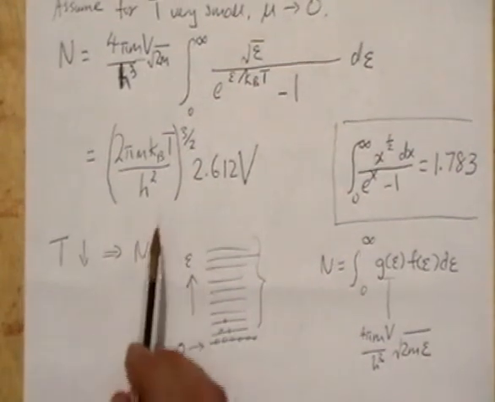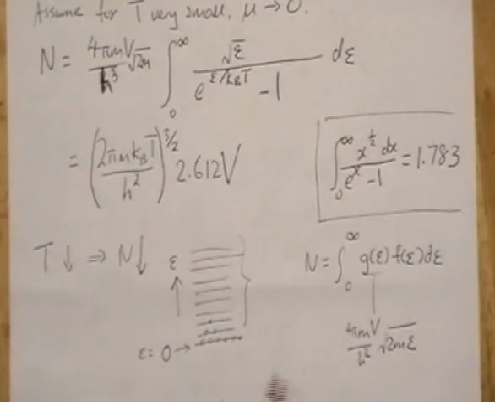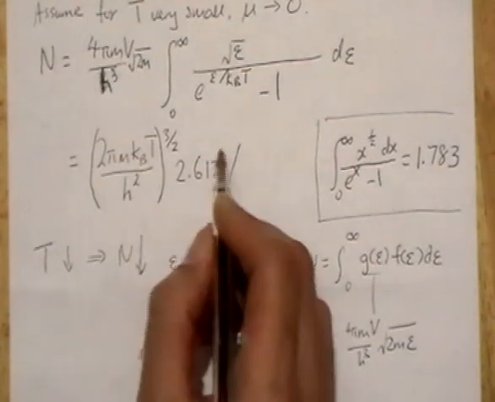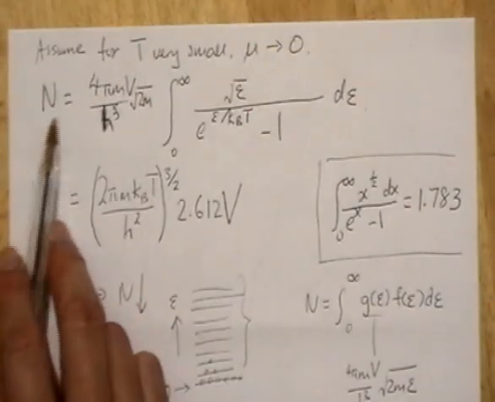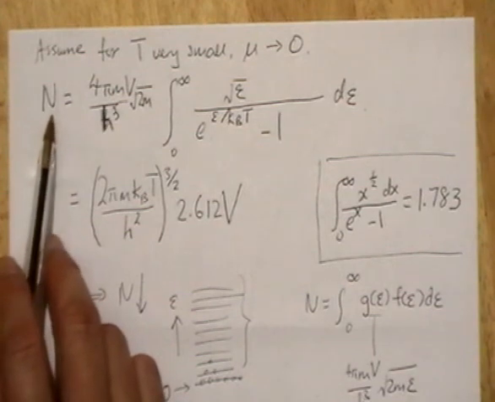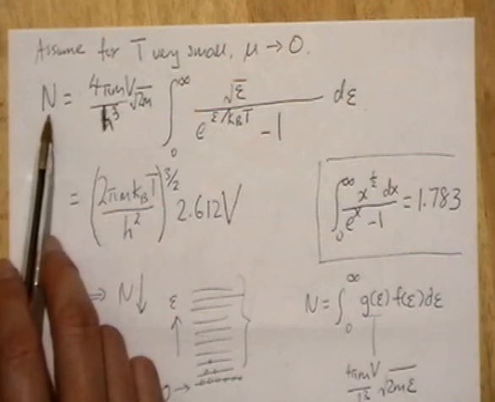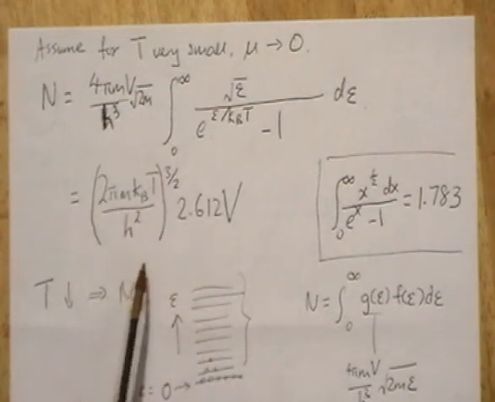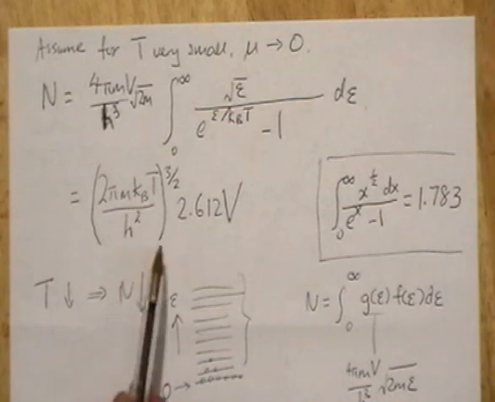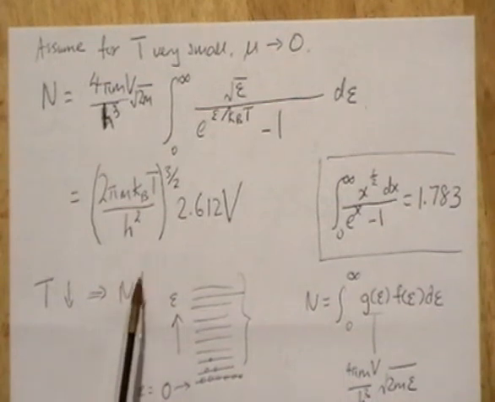For this reason, we would often write, instead of calling this n, which we normally understand as the actual total number of particles, we now know that this integral can be understood as the particles that remain above the ground state, that remain excited. And it's not really the total number.